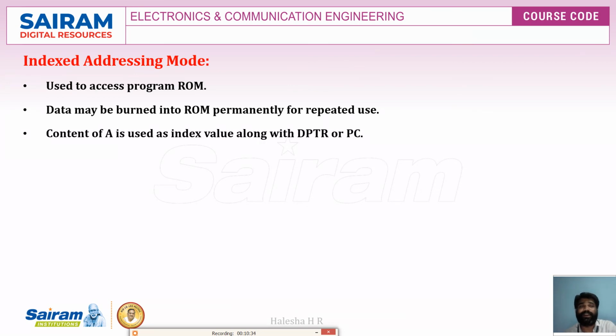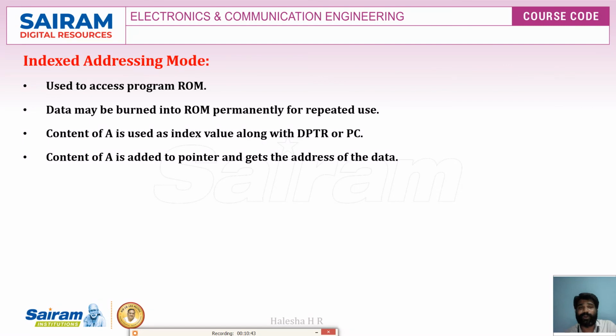Here content of A is used as an index value along with the DPTR or program counter. That means content of A is added to the pointer to get the address of actual data. And that data will be placed in A, so the old index value is overwritten.